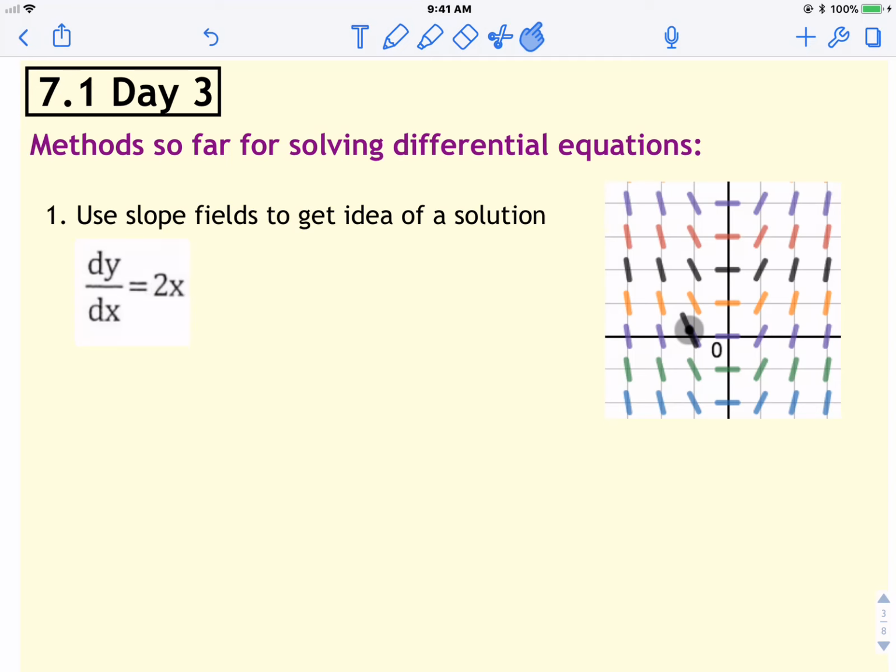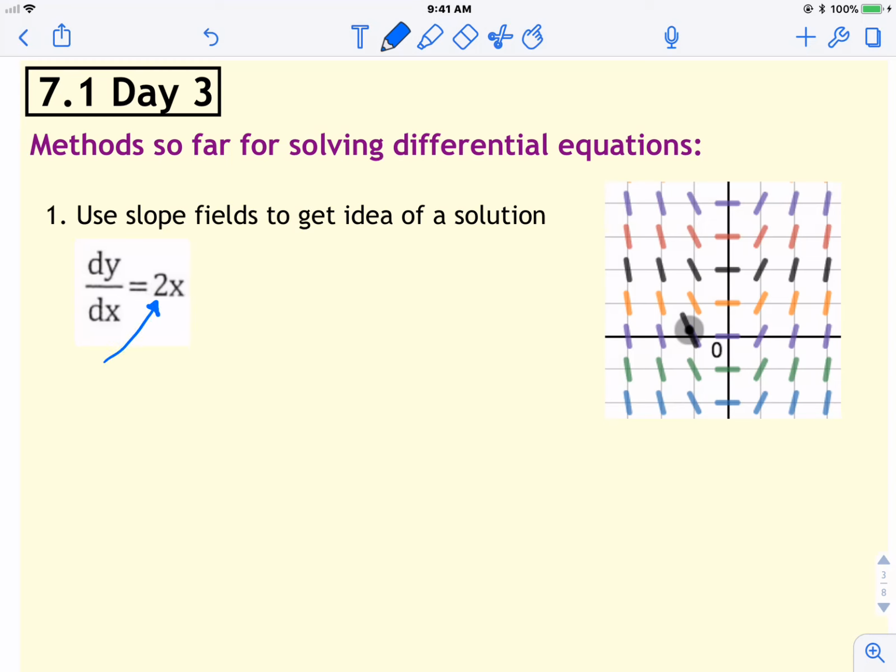So methods we've had so far for examining or solving these differential equations, the first one is to use slope fields to get an idea about a solution. So if this is my slope function, my derivative or differential equation, and I'm interested in what it can tell me by making a slope field, I would at every x make sure that I put that in.